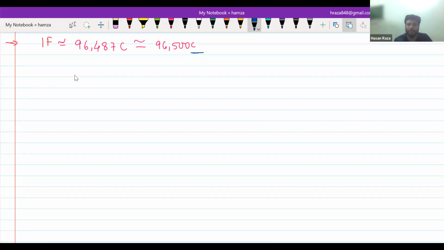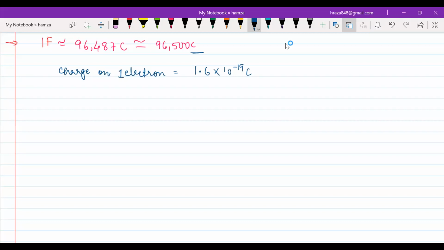Now, everyone knows that charge on one electron is equal to 1.6 into 10 raised to the power minus 19 coulomb. Yes or no? Yes, sir.